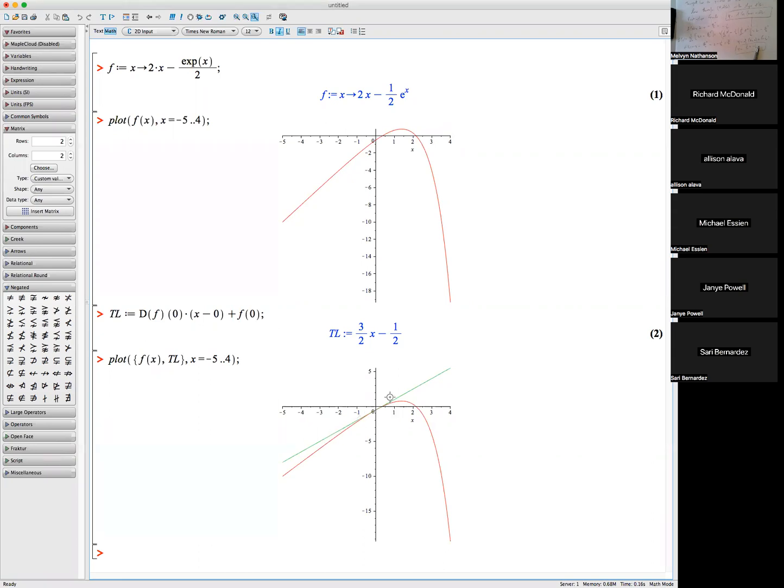There you can see the red is the function, the green is the tangent line. There's a better picture. Yeah, pretty nice actually. What you can do with Maple.